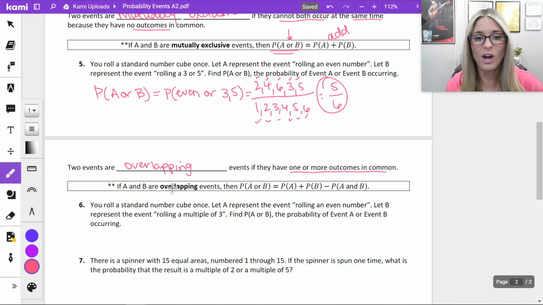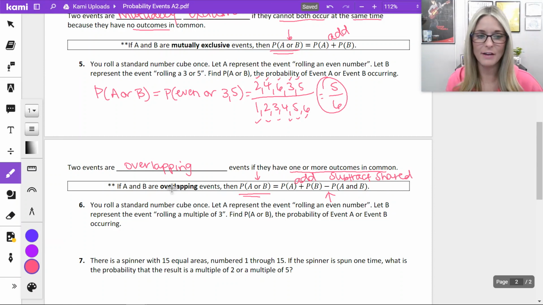If A and B are overlapping events, then P of A or B, we're still using or, I want this or that to happen. We're still going to add our probabilities together. Probability of A plus probability of B, but we are going to subtract the overlap. We're going to subtract what they share. Okay, so I'm writing there, subtract the shared.